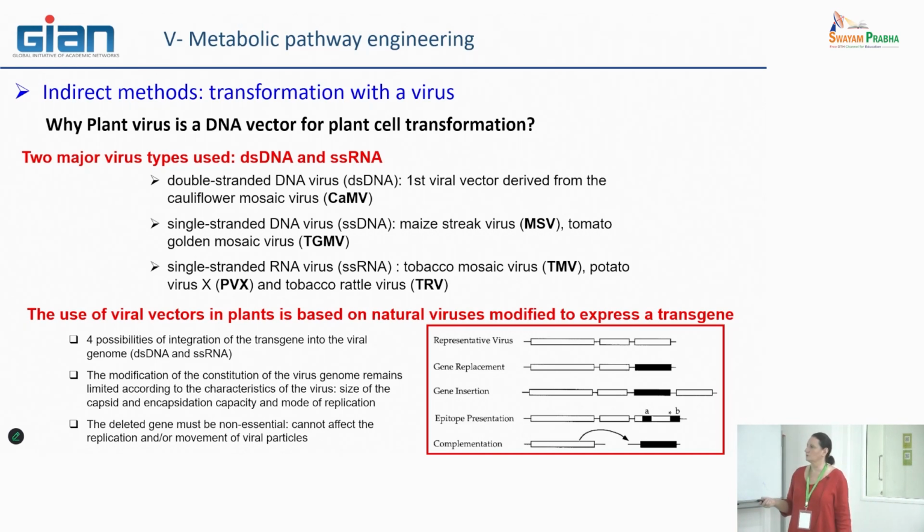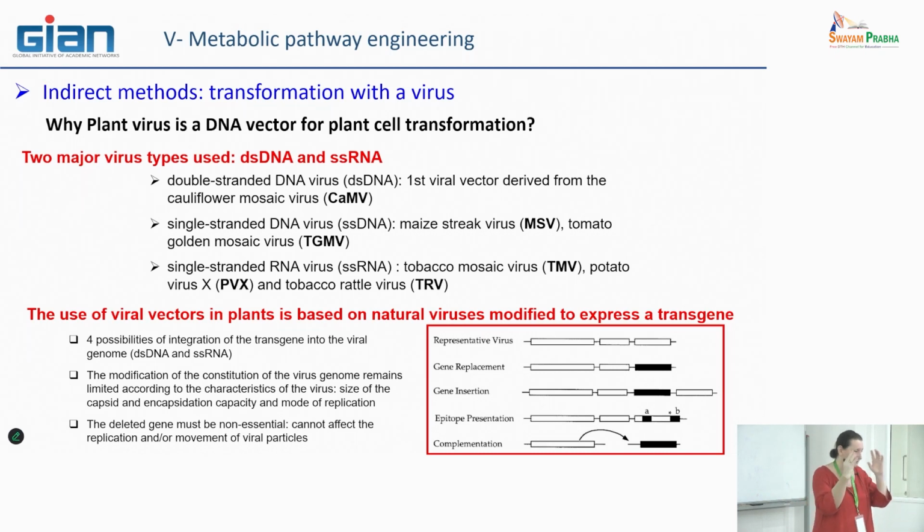that can lead to specific plant transformation. Either the natural one, the wild type of the virus, or you can replace some of the genes in the genome sequence of the virus, or you can insert a new one. The only restriction is that you need to be careful of the final size of your genome sequence, because depending on the capsid, you can't form a bigger capsid.